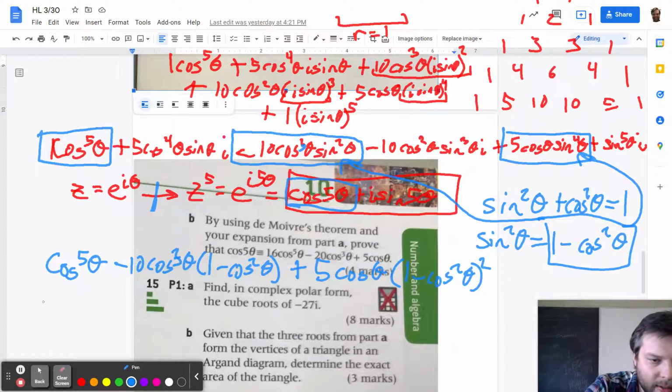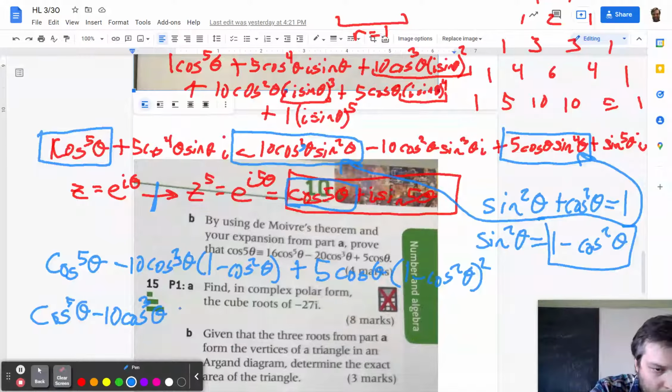And so that becomes cosine to the 5th theta minus 10 cosine to the 3rd theta plus 10 cosine to the 5th theta.